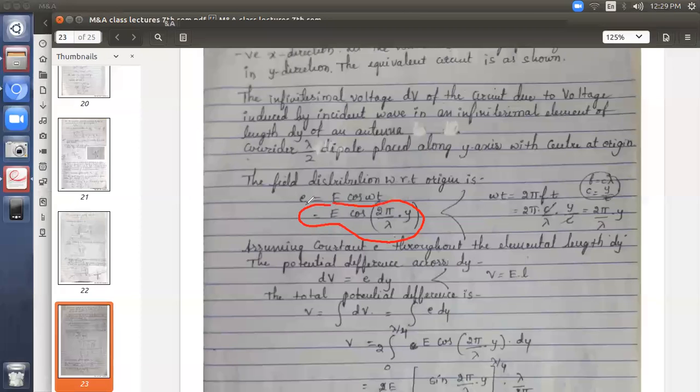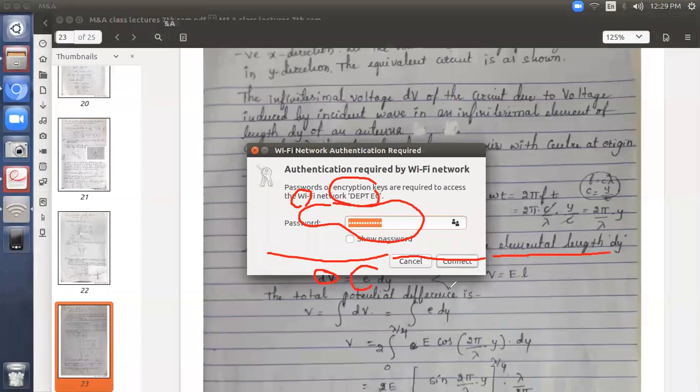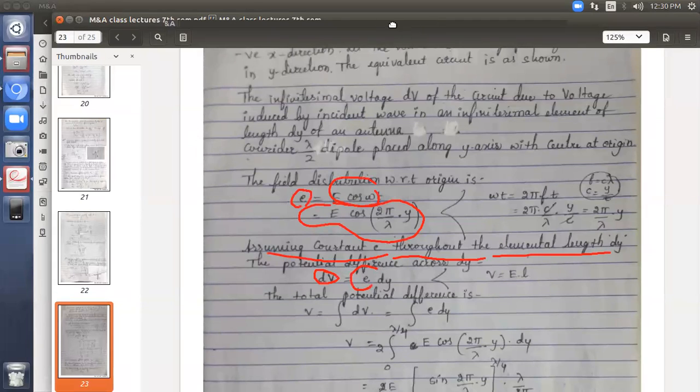Now once this E is known to you, whatever we have calculated is now constant throughout the element. We know that a small portion of the induced voltage dV is due to a small element dy.